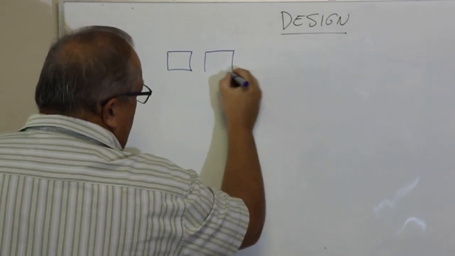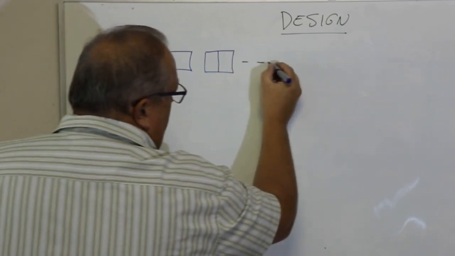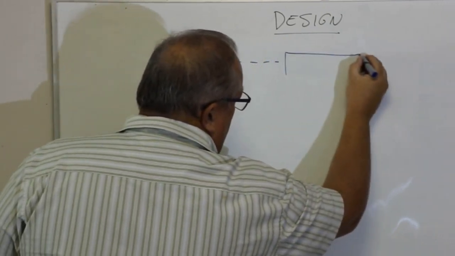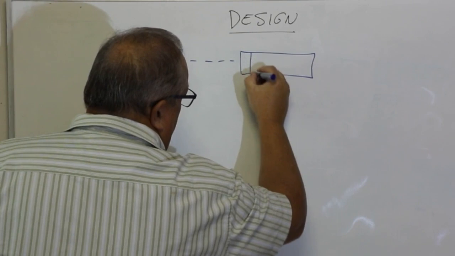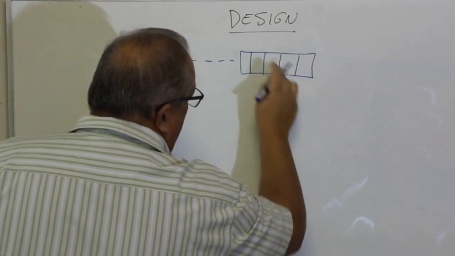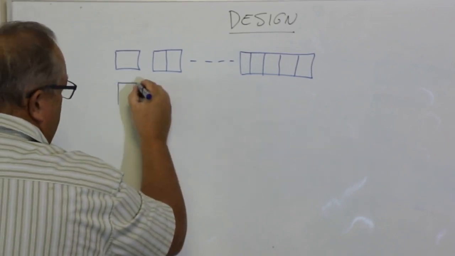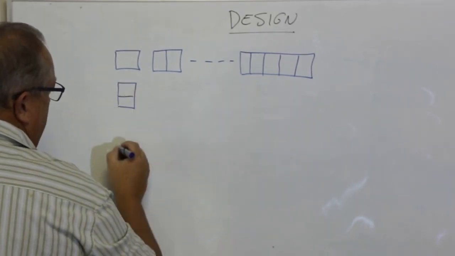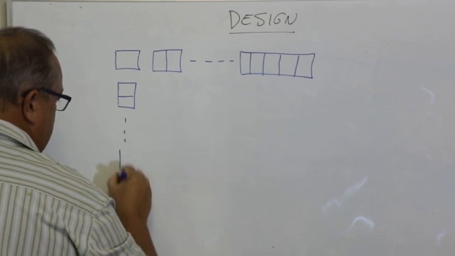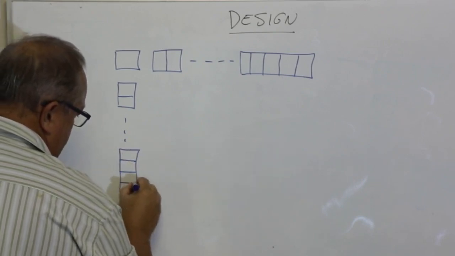Our next frame across would be a 2x1, and we go in the horizontal direction all the way up to 5 panels wide. Alright, in the vertical direction we would then get a 1x2, and in the vertical direction we go all the way to 4 panels high.